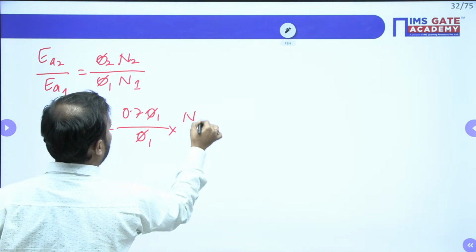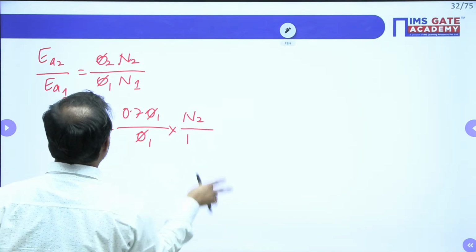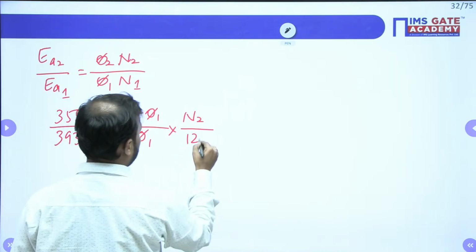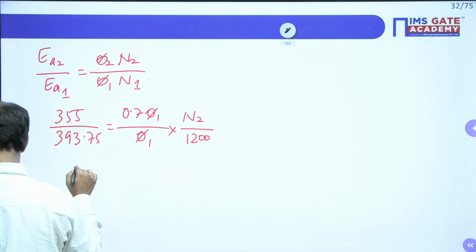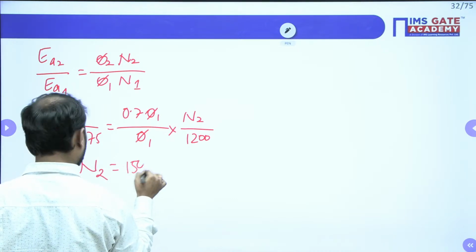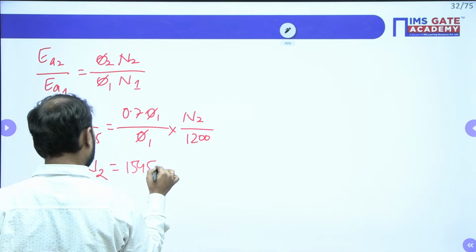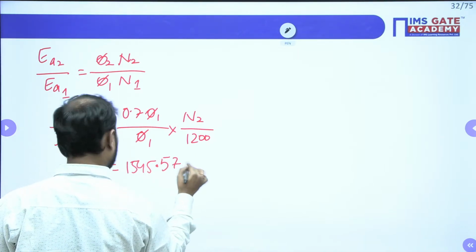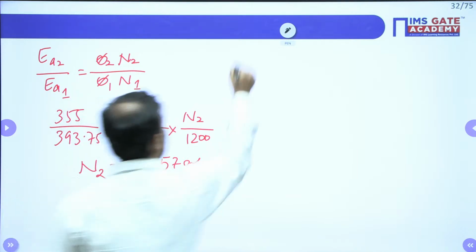N2 is unknown, N1 is 1200 RPM. So from here, the N2 value is equal to 1545.578 RPM. Done. Very simple here.